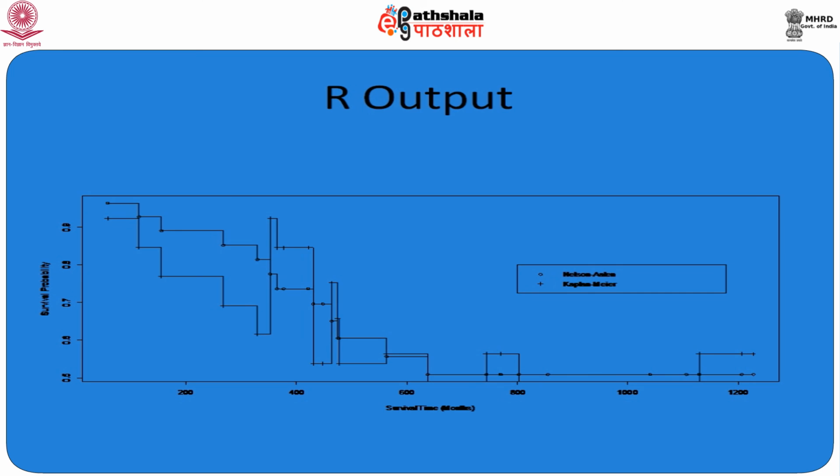We are getting the Kaplan Meier estimations through survfit functions, and Nelson's estimator through Cox proportional hazard functions, but there is a difference between these two estimators.